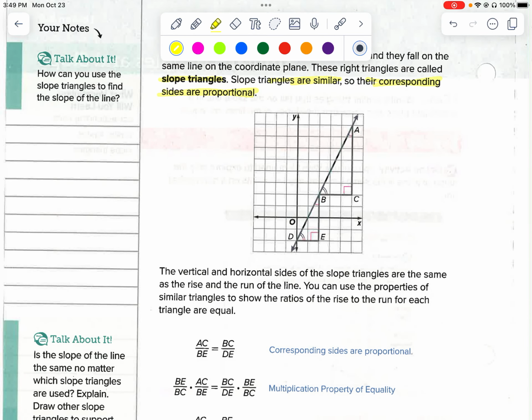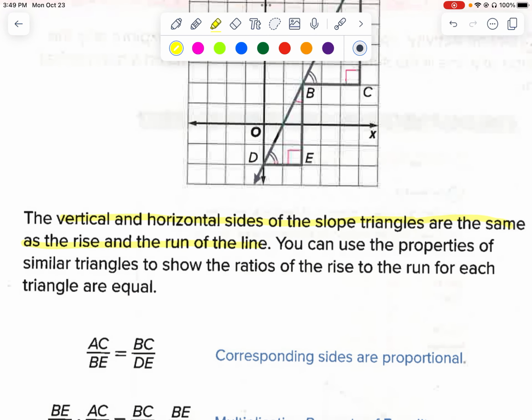The vertical and horizontal sides of the slope triangles are the same as the rise and run of the line. Remember, change in y is the rise. The change in x is the run.